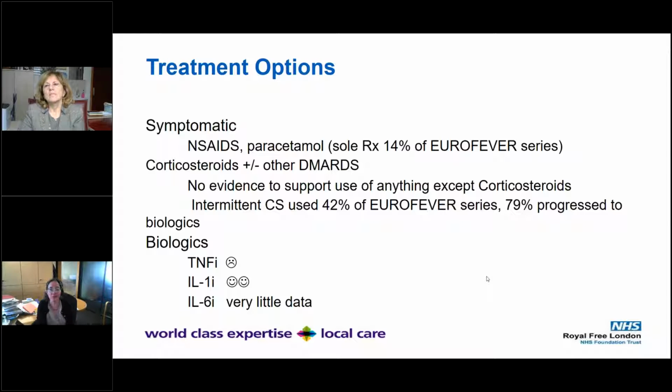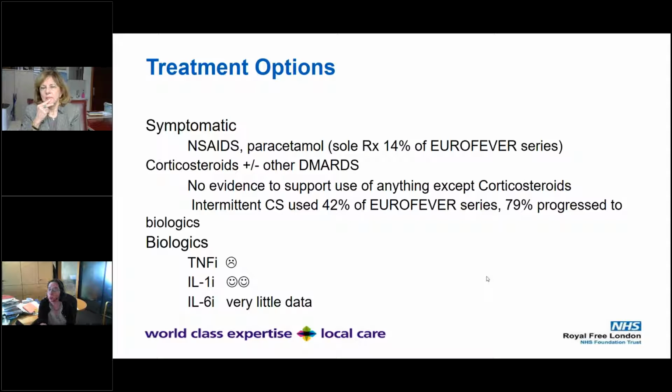There is no evidence to support using anything except corticosteroids to abort an attack, and we would, in our practice, never use anything except intermittent corticosteroids. The evidence for long-term treatment for biologics really only supports anti-IL-1 agents, and response to anti-IL-1 agents is extremely good, to the point where if the patient does not respond to IL-1 inhibition, the diagnosis of TRAPS should be reconsidered.